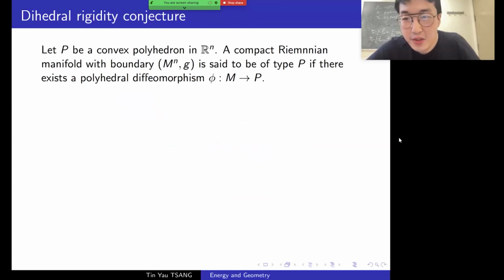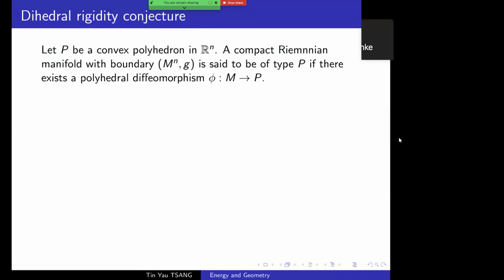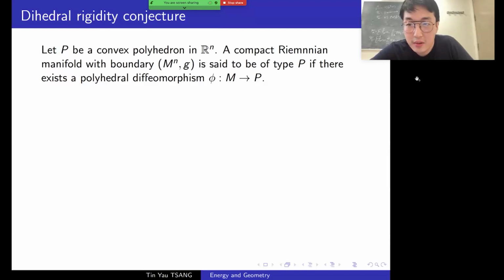Now we can introduce the dihedral conjecture. Let P be a convex polyhedron in Euclidean space. A compact Riemannian manifold with boundary is said to be of type P if there exists a polyhedral diffeomorphism from M to P, which means edges map to edges, vertices to vertices, faces to faces, combinatorially.